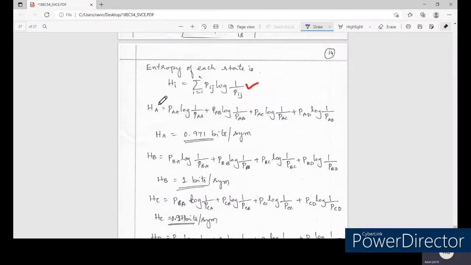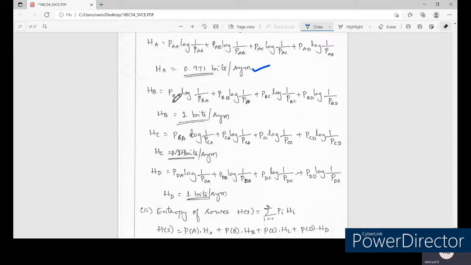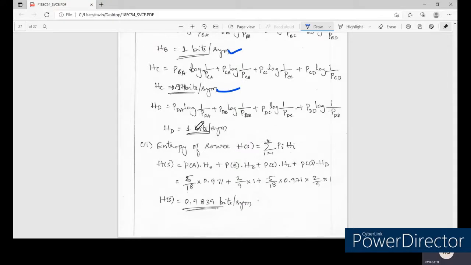So HA is PAA log 1 by PAA plus PAB log 1 by PAB plus PAC log 1 by PAC plus PAD log 1 by PAD. If I substitute all these probability values, you'll get H of A is equal to 0.97 bits per symbol. Similarly, H of B is 1 bit per symbol, H of C is 0.971 bits per symbol, and H of D is 1.1 bits per symbol.